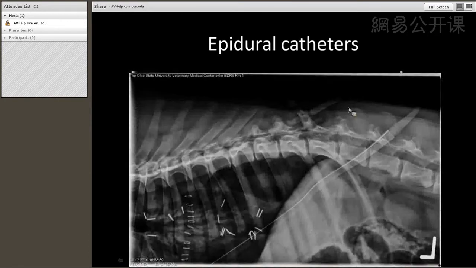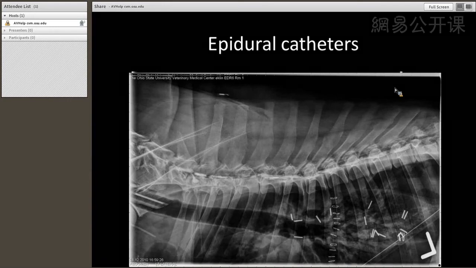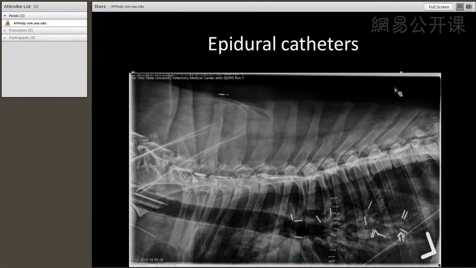But because of the location of the surgery, we actually fed the tip of the catheter quite far. And so you can see it all the way up here. And finally, the tip of the catheter is sitting about right here at about T5 to T7, somewhere in there. And so this was for a rib resection. You wouldn't do that for a hind limb procedure for pelvic fractures, but it kind of shows you what you can do.